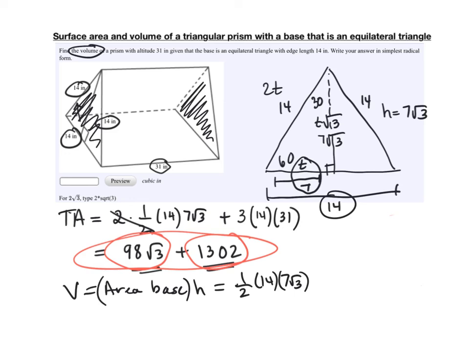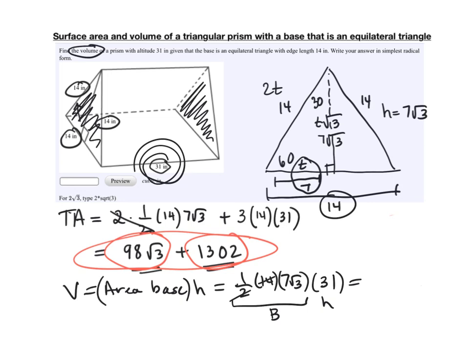So the volume of a prism is the area of the base, which was a triangle, times the height. And the height is the distance between the bases. It's right there. It's 31. Area of the base times the height. So we'll simplify this.